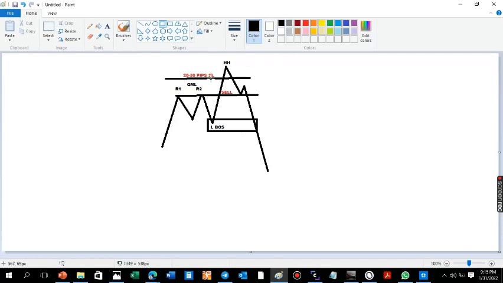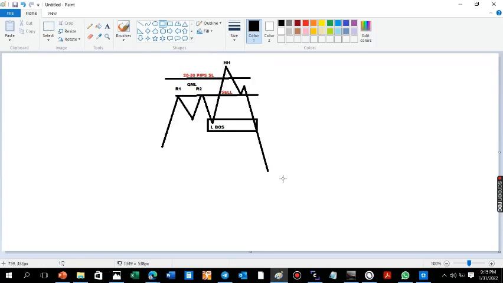Since this is an uptrend, and the market, instead of making a new higher high, fails to make one, it breaks this higher low here, signaling a change of structure. So when that happens, we must be prepared to sell once the market comes back to this level.